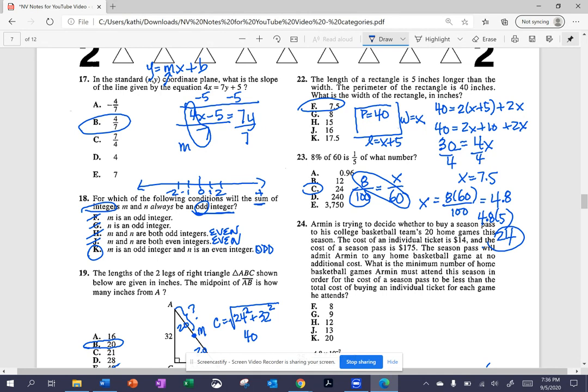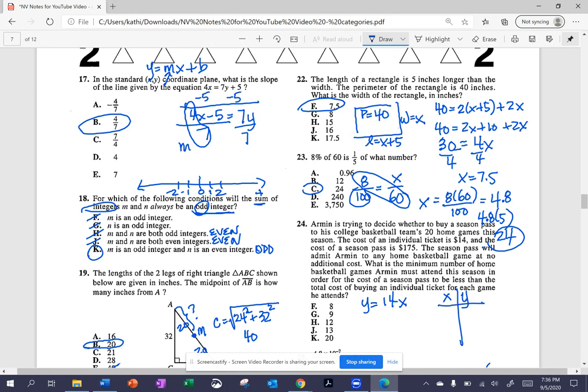Okay, so the equation for the cost of the tickets is y equals 14x. If I put that in the calculator and then go look in the table, I'm looking towards the 175.